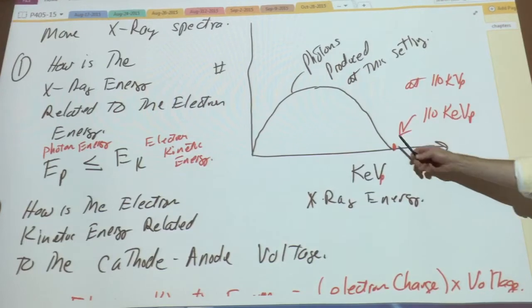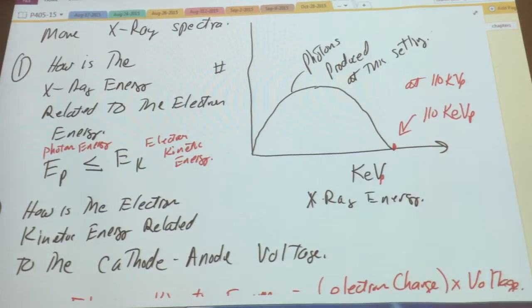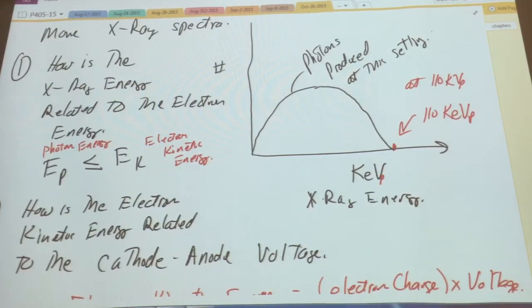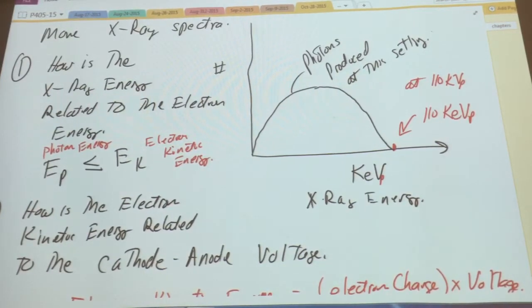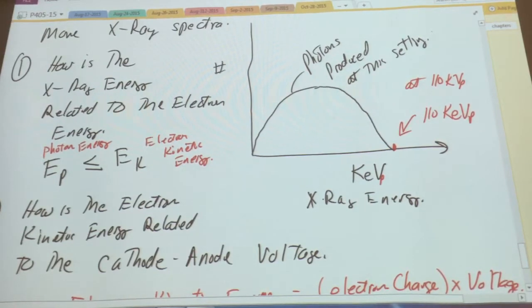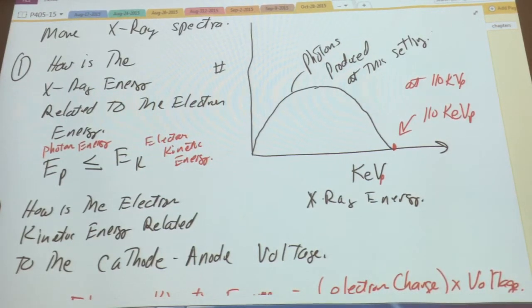And this point, focus on that point and come up with a name for it. An obvious name would be maximum photon energy point. Something simple like that.